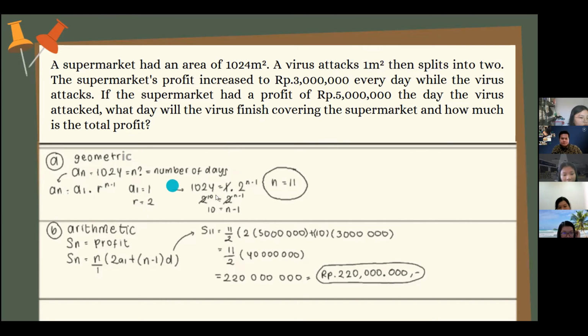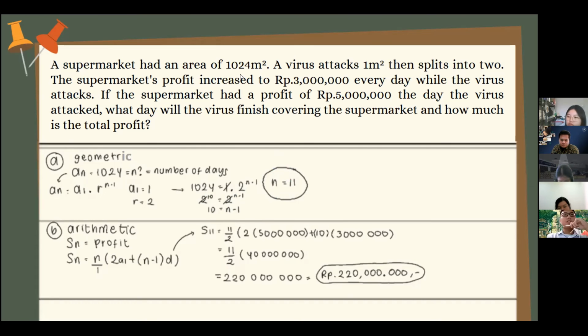So 1024 equals 1 times 2 to the power of n minus 1. 1024 is the same as 2 to the power of 10, so we can cross out the 2s. 10 equals n minus 1, and n becomes 11. So this is the day the virus will finish covering the supermarket.